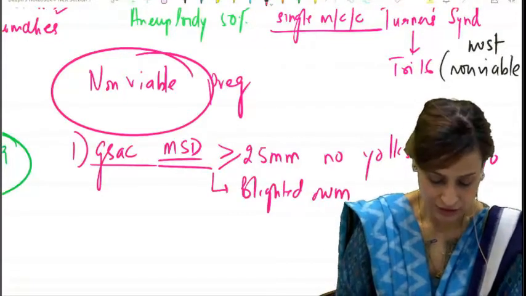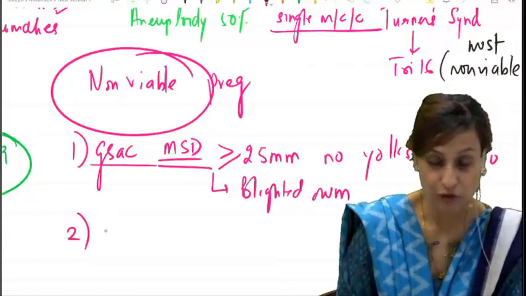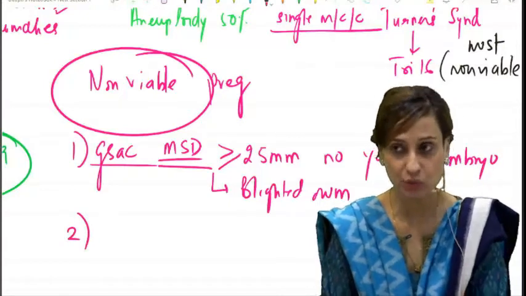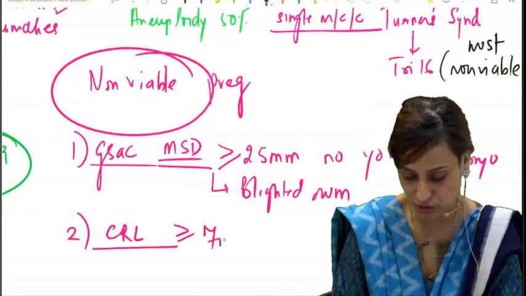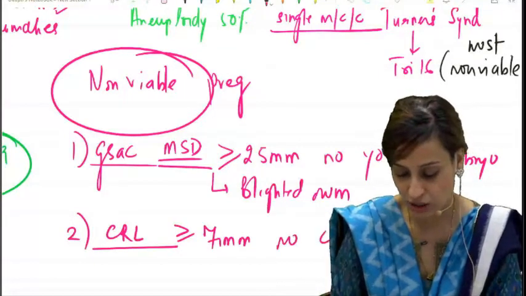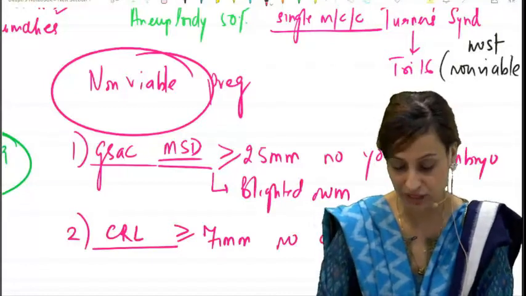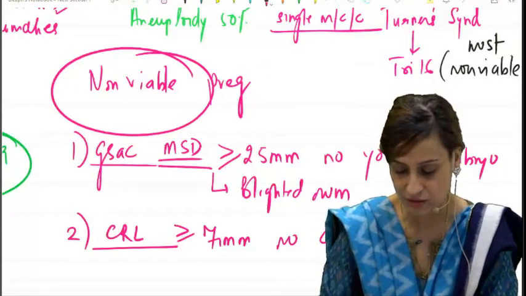The second is, if you are seeing a G-sac with an embryo inside, you measure the CRL. So CRL more than or equal to 7 mm and no cardiac activity is also a non-viable pregnancy, which is called a missed abortion.